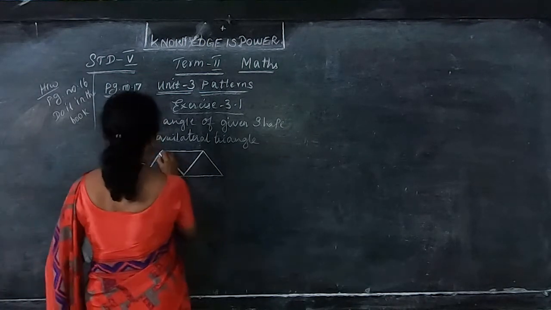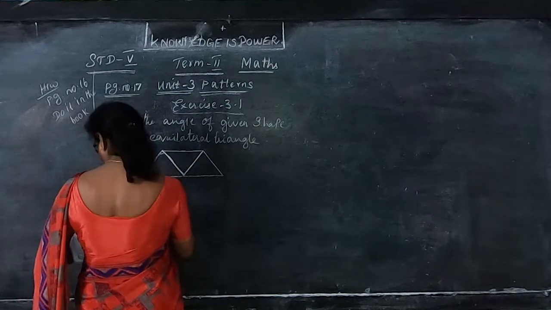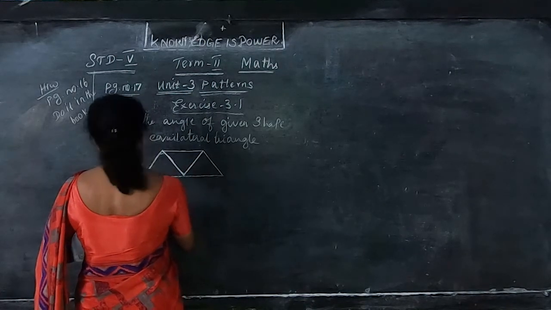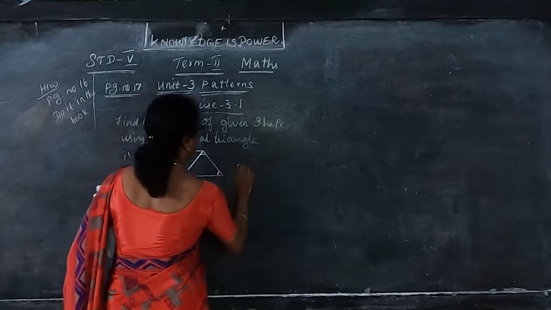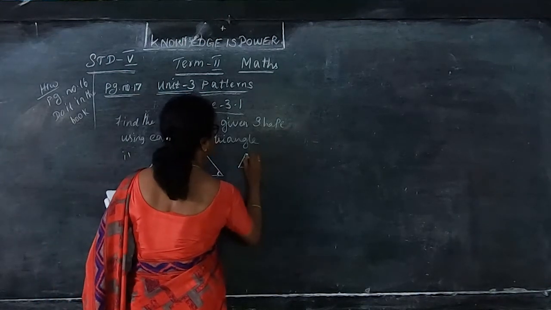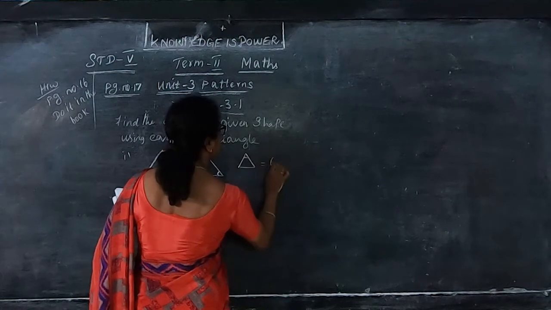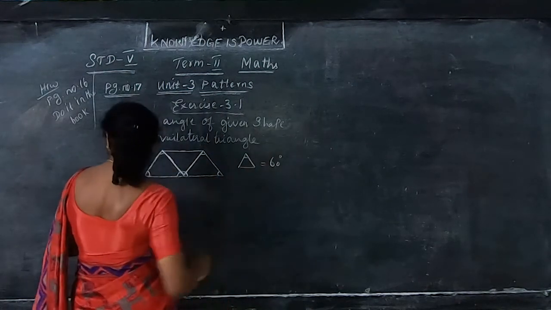Okay now. So one equilateral triangle is equal to 60 degree. Here two triangles are there.